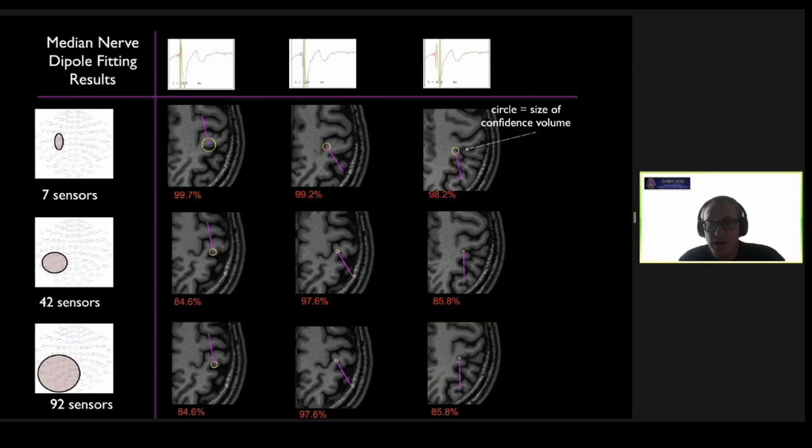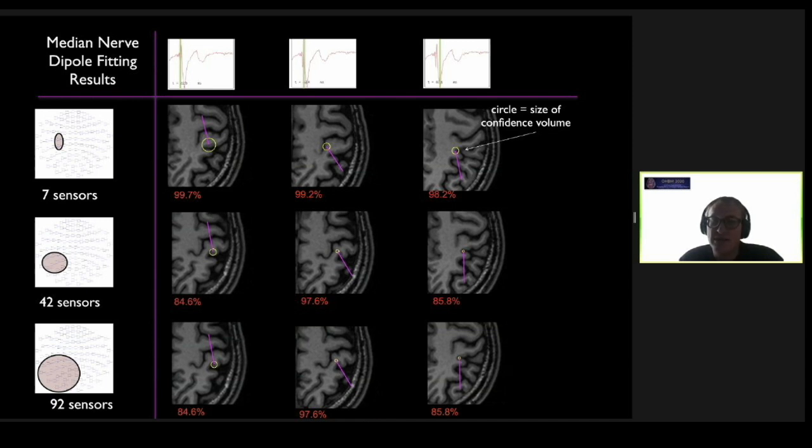If you compare the different rows, going from top to bottom, the size of the yellow circles changes. These circles are confidence regions, like confidence intervals but in 3 dimensions, that tell you where the dipole fit solution is believed to be.